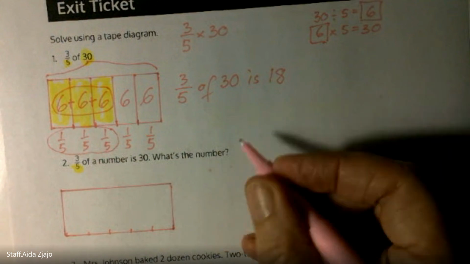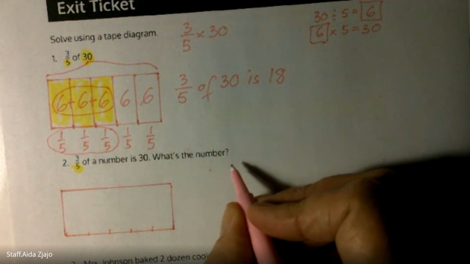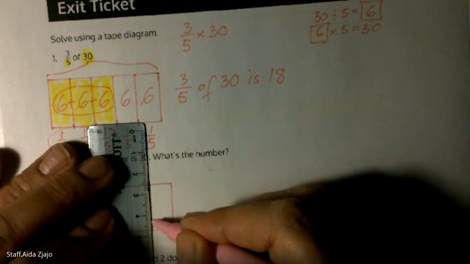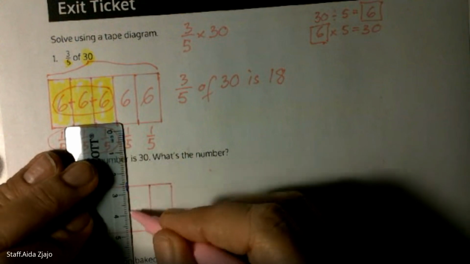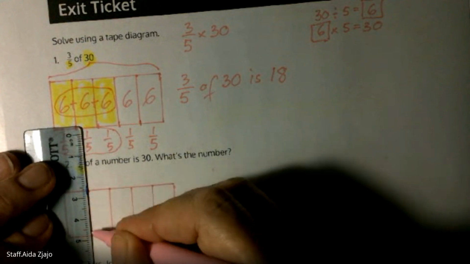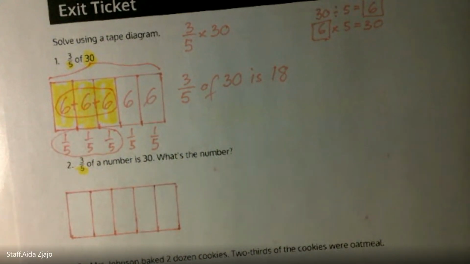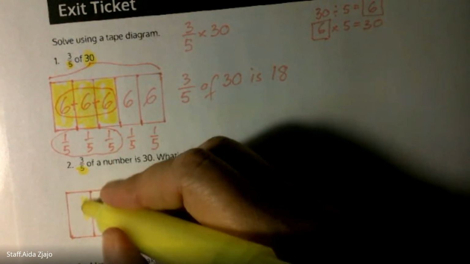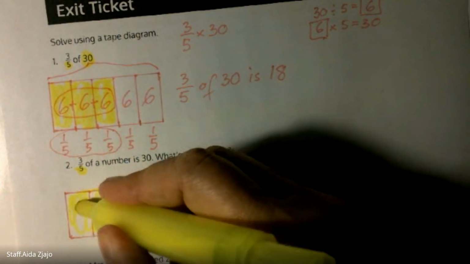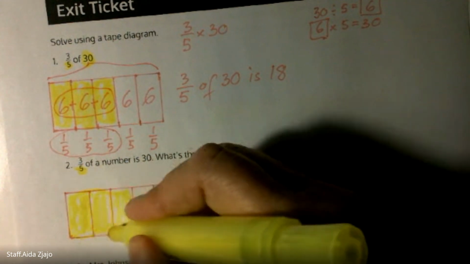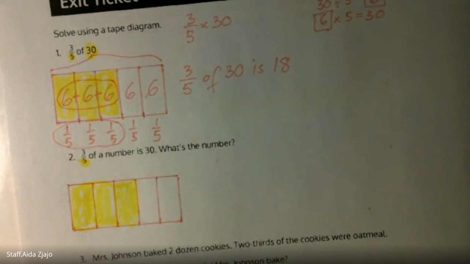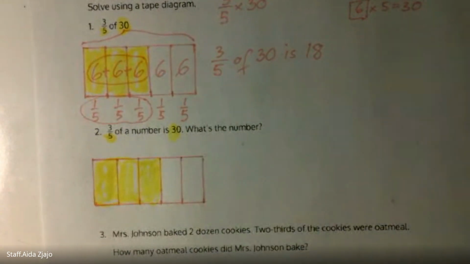Each fifth, and now they say 3/5. So here is 1/5, 2/5, 3/5. They tell us that 3/5 is 30.